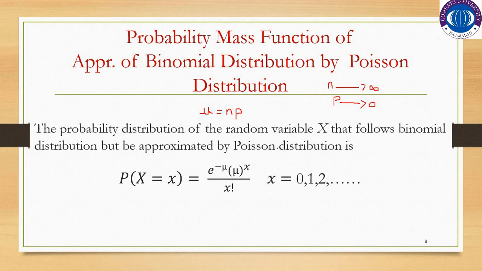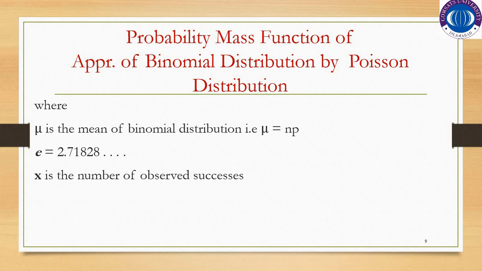So that's why binomial distribution is approximated to Poisson distribution with the parameter mu, where mu is the mean of binomial distribution and x is the number of observed successes as it is defined earlier.